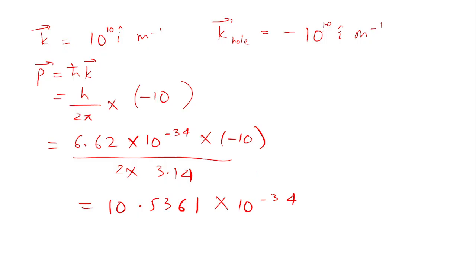Oh, I'm very sorry. This is minus 10 to the power 10. It's the k vector, the wave vector. It is 10 to the power minus 10. I'm sorry, I made a mistake.